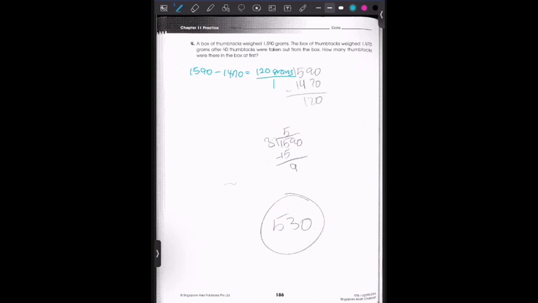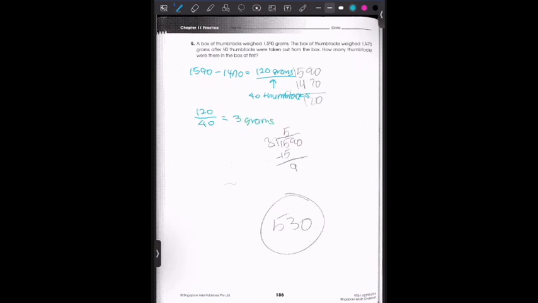And that is due to the 40 thumbtacks that we took out. And so each thumbtack is going to weigh 120 divided by 40, which is 3 grams.